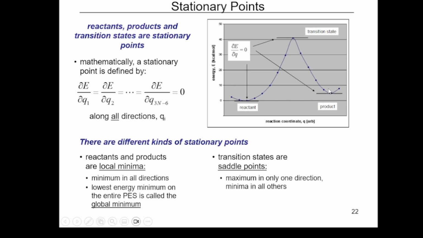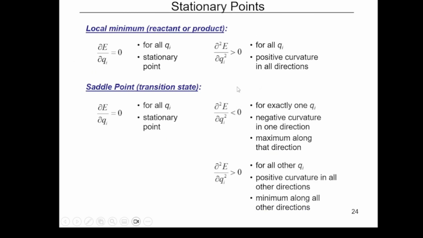Similarly, from this product here, in any direction you move, you will have to move uphill. So it means the force constant, or the second derivative, should be uphill or positive for these minima. And this is what is mentioned here: the second derivative is always positive for a local minimum.